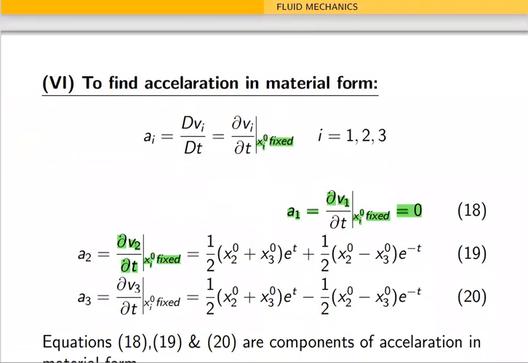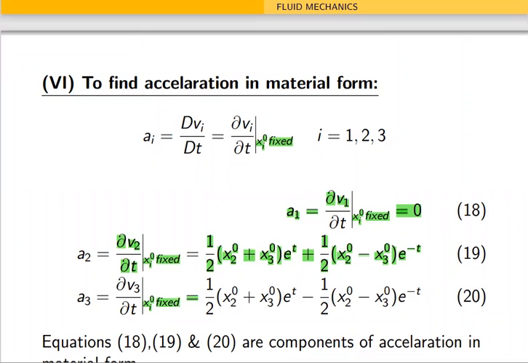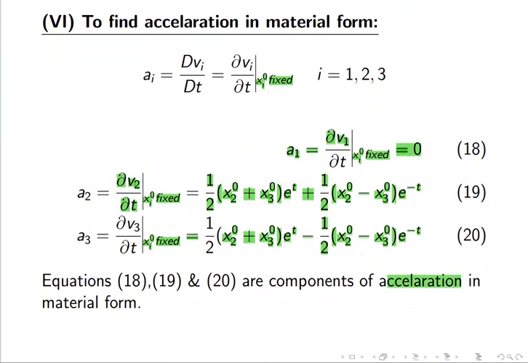That is our A2. Similarly, A3 is nothing but dou V3 by dou t with xi naughts fixed, and that is this, call it 20. So equations 18, 19, 20 are the components of acceleration in the material form.